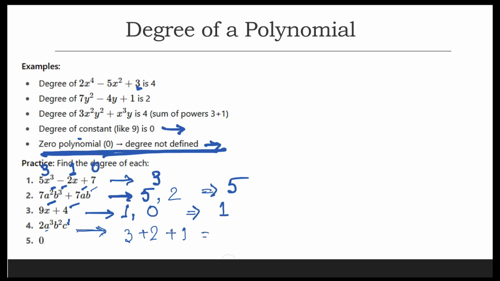So 1. So the total power of this term is 6, and that would be equal to the degree of the polynomial, because there is only one term in this polynomial. And then comes the last one, 0, which does not have a degree.